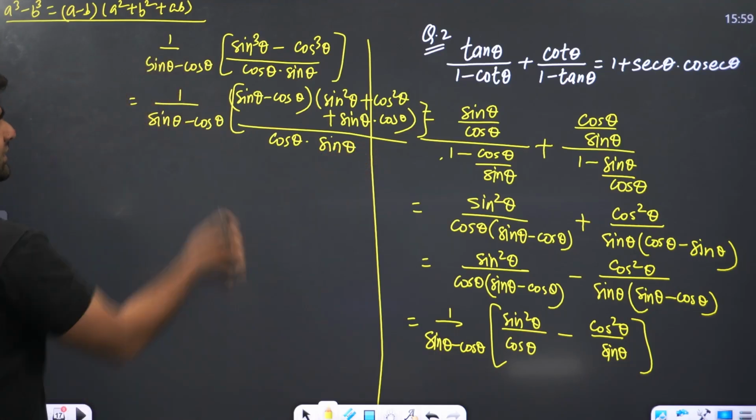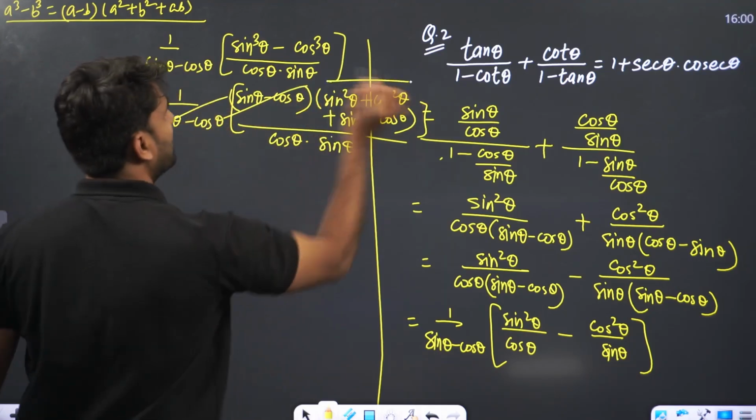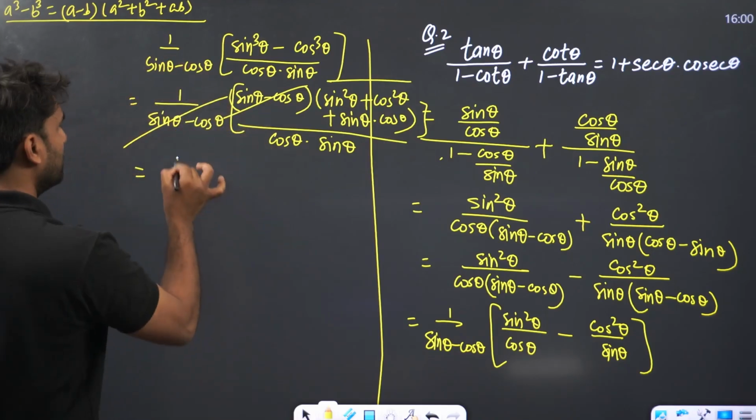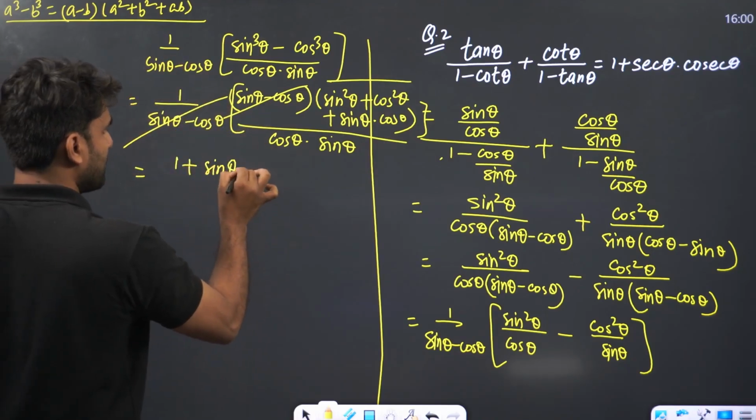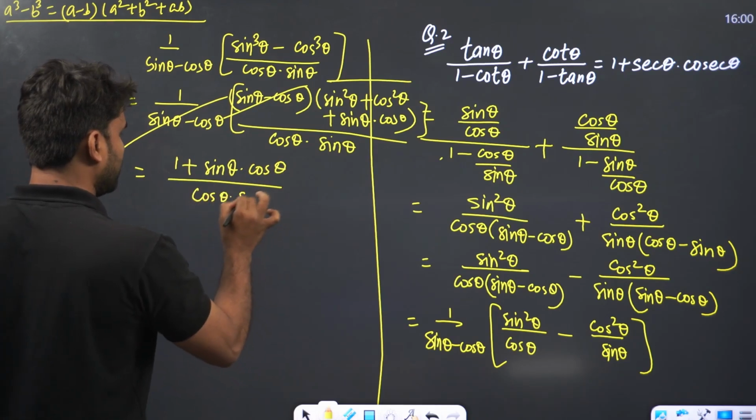My dear champion, this will be cancelled. Sin theta minus cos theta cancels, and here sin square theta plus cos square theta is equal to 1. So 1 plus sin theta cos theta, and in the denominator we have cos theta into sin theta.